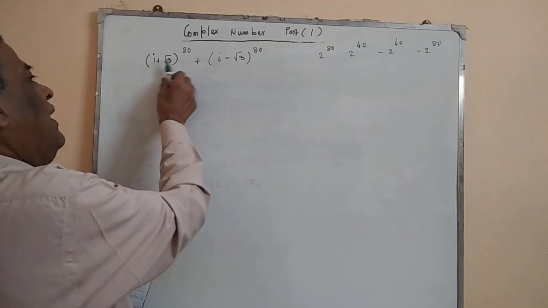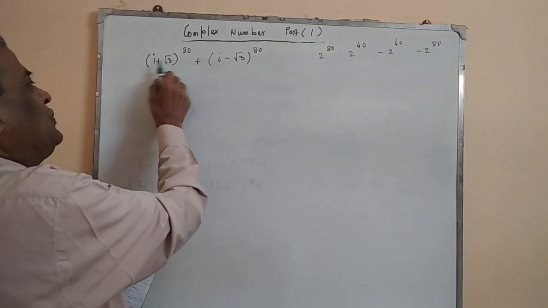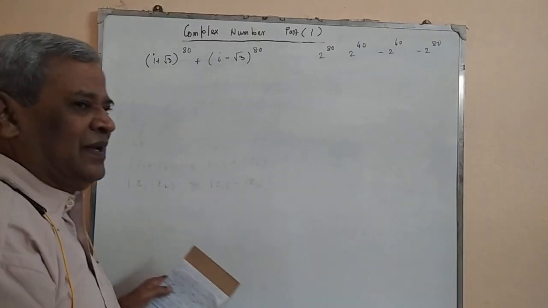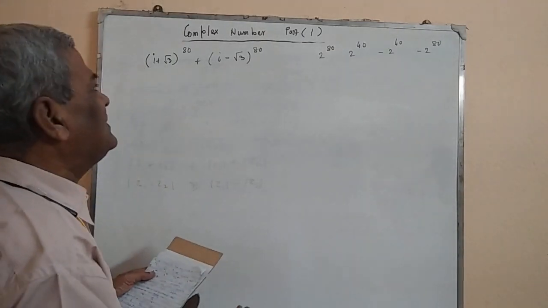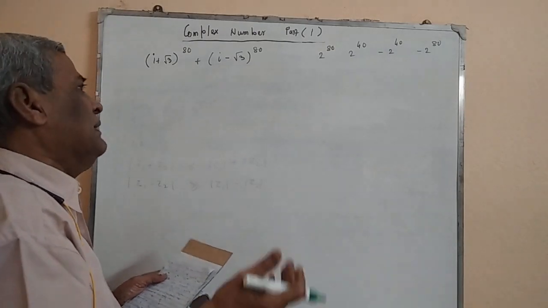It is a binomial term, i plus root 3, two terms to the power 80. In binomial expansion it is not practical; it will be very huge and lengthy.